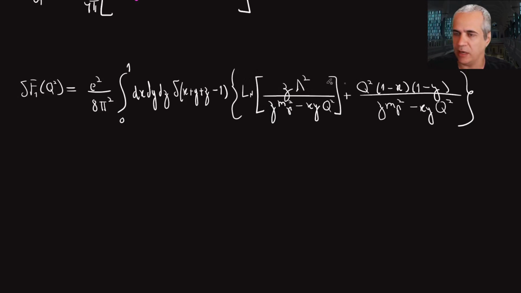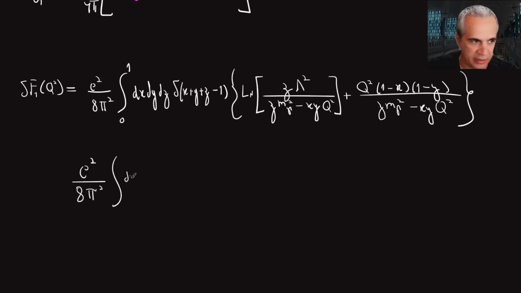And also this piece is finite in the infrared, and this one is divergent in the infrared. In order to see that, you can take just this first term here and take the mass of the fictitious photon to 0. You get the following integral.